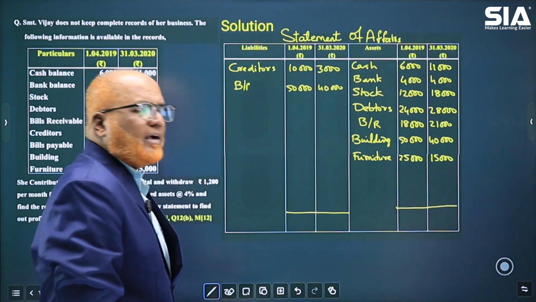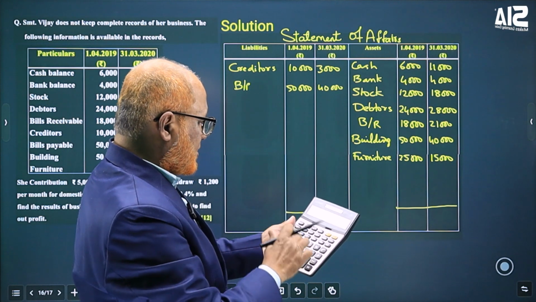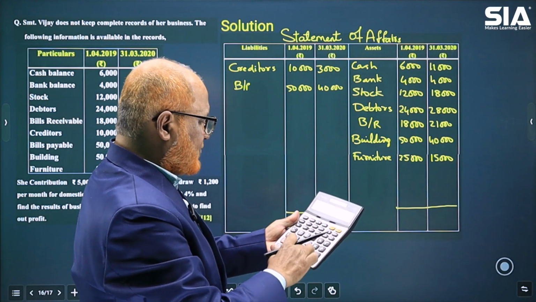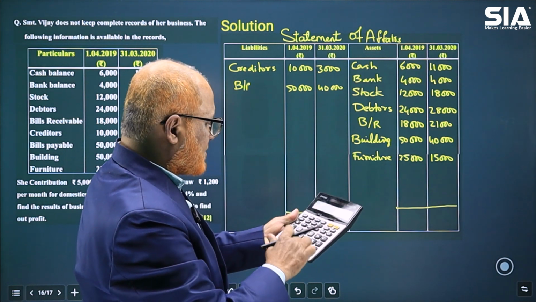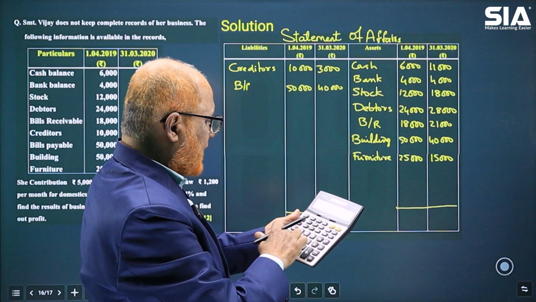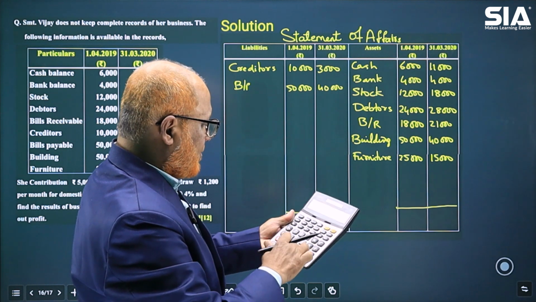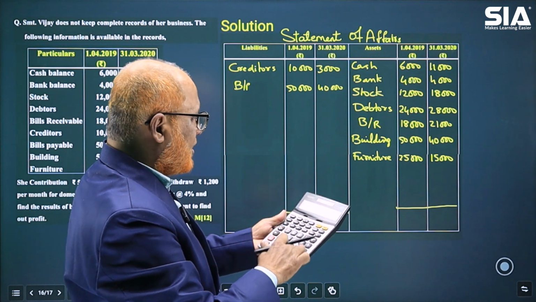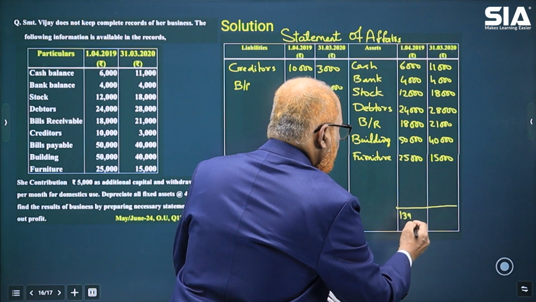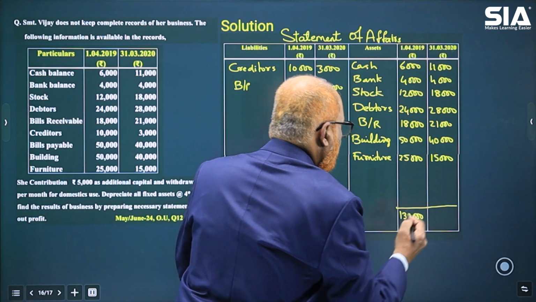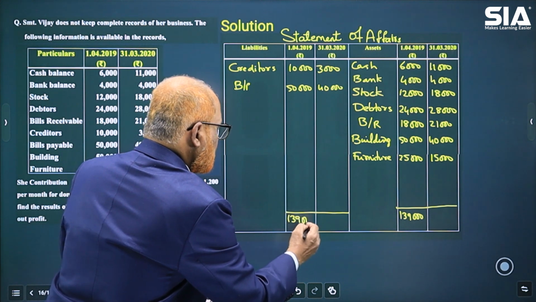Now we find out the balancing figure. Asset side: 6,000 plus 4,000 plus 12,000 plus 24,000 plus 18,000 plus 50,000 plus 25,000. It comes to 1,39,000. Similarly, here also I take 1,39,000.